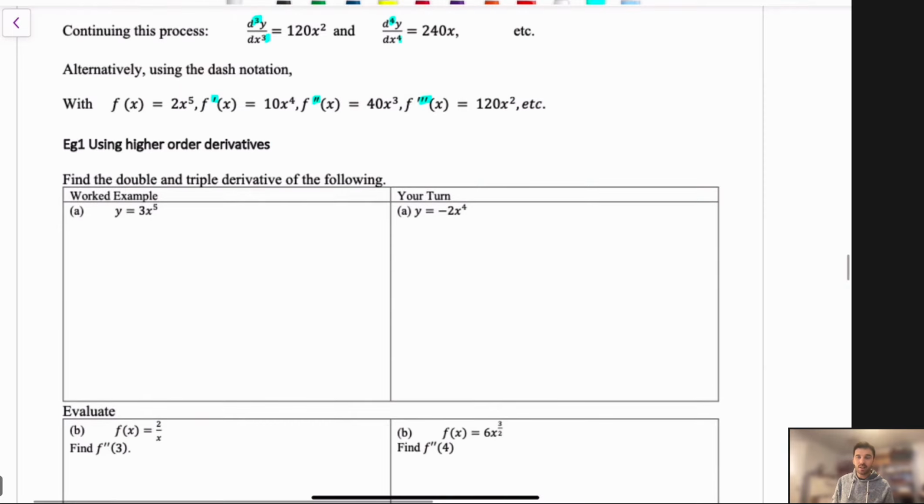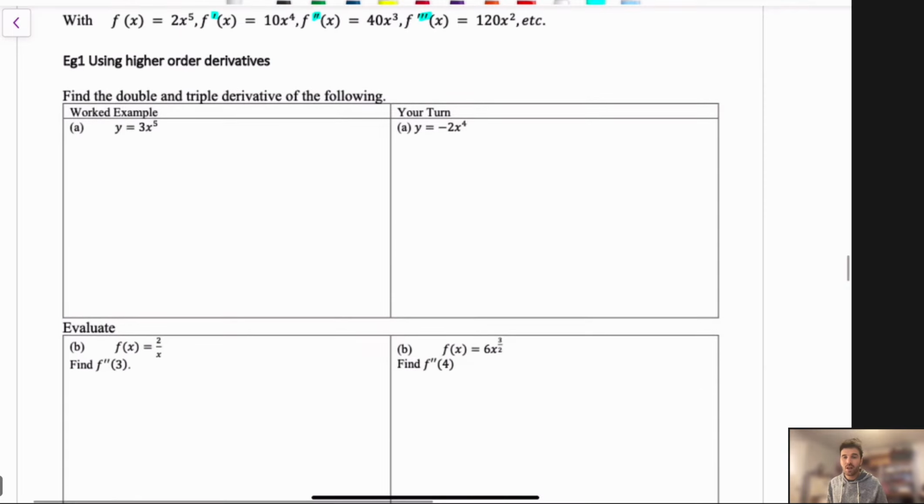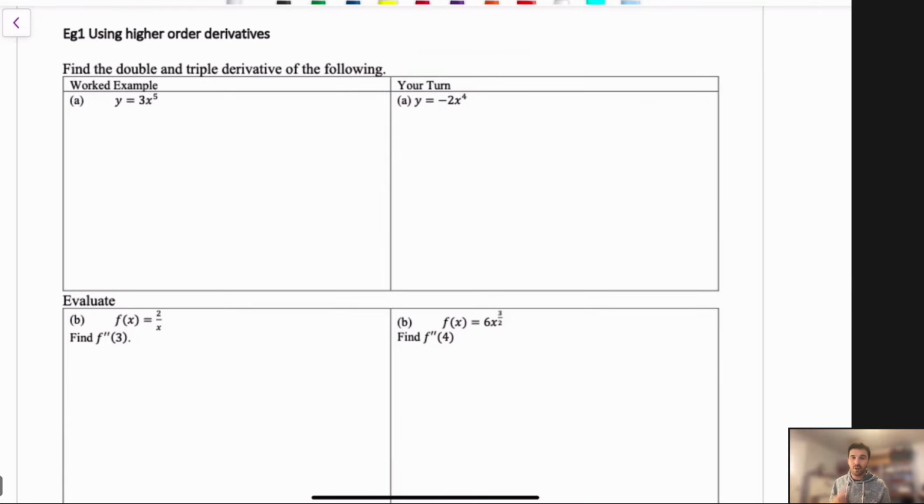Okay, so now let's have a go at these examples. I'm going to do the first one, then you pause the video, have a go at this one, and keep going. So find the double and the triple derivative.